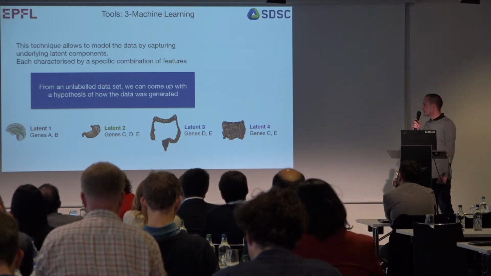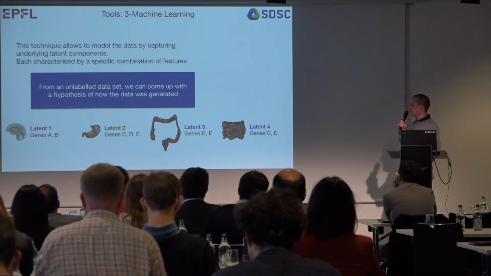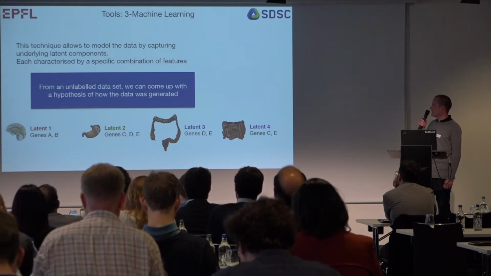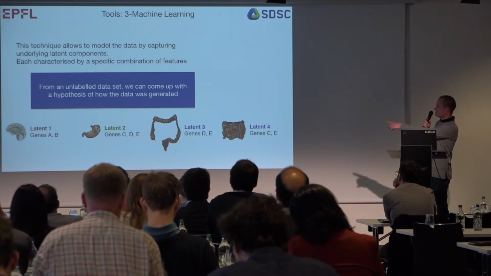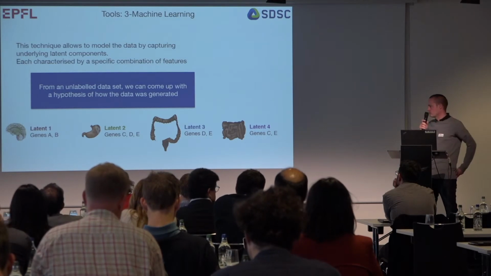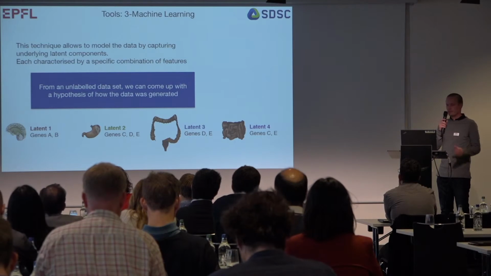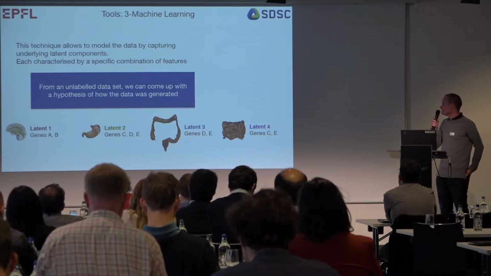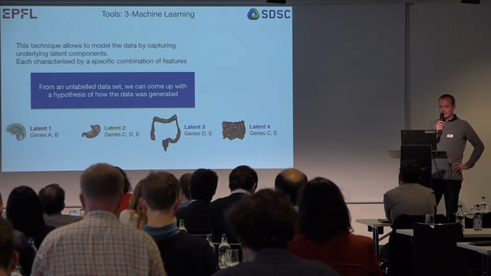In this example, the first latent variable would be, for instance, encoding for the brain, with genes A and B, the second one would be stomach, and the third one the intestine, with some genes in common. We see D and E in both of them. This is just a cartoon, but we expect to see something like that, with some genes specifying the hierarchy that we have in tissues, whereas we have other genes that are more specific to every site.